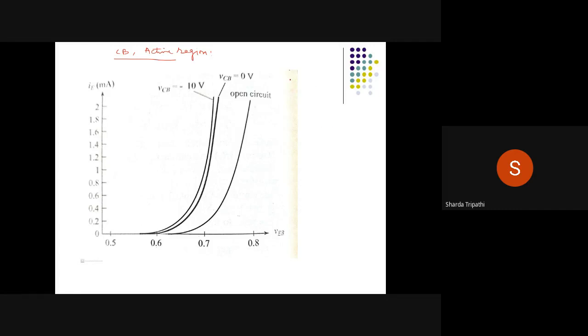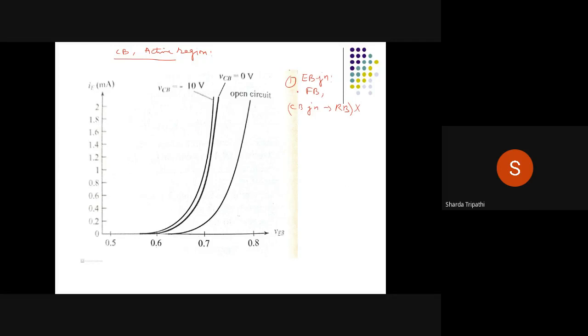Okay? So the first observation is, we know that whenever a transistor is in active region, the emitter base junction is forward biased. And the other junction, that is the collector base junction, is reverse biased. So because these are input characteristics, we are not bothered about the second junction because this is the junction across which I usually take the output. So I am bothered only about this first junction.